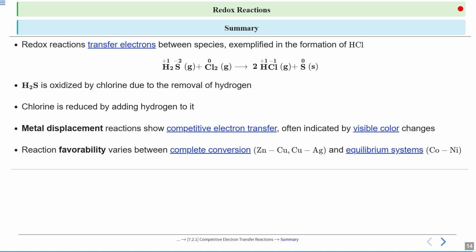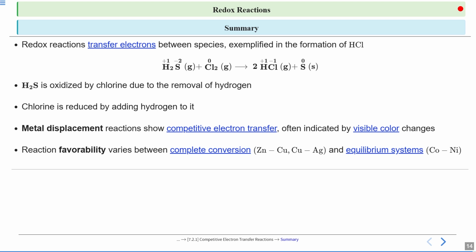I hope this is clear to you now. The reaction favorability is affected by different reaction conditions, and one of them is the nature of the metals. The inherent properties of the metals, such as their tendency to gain or lose electrons, play a major role in determining reaction favorability.